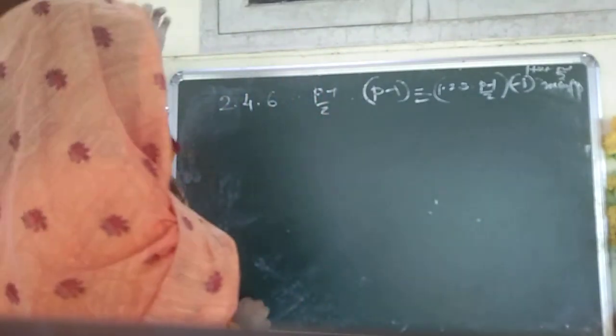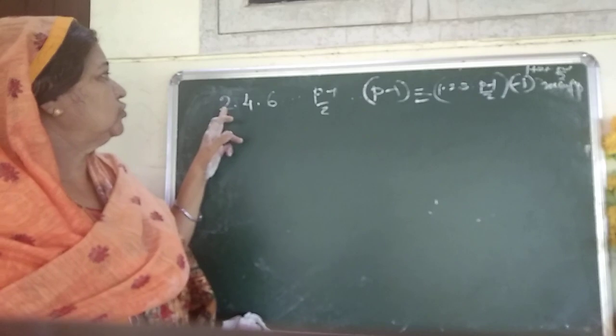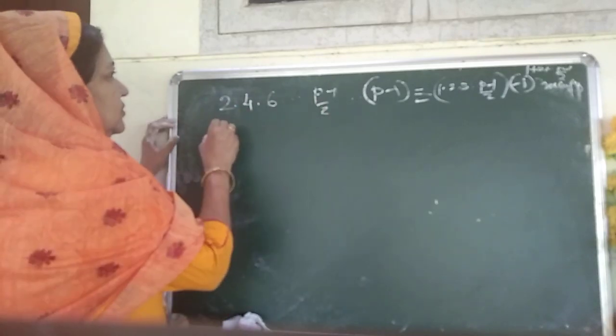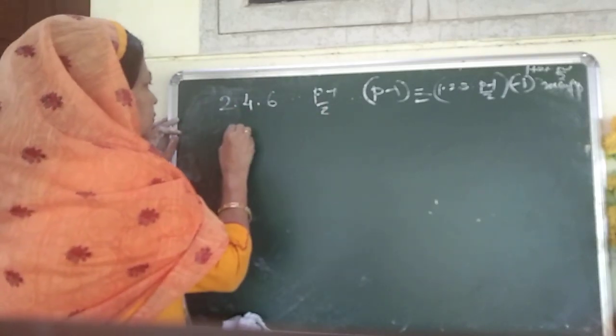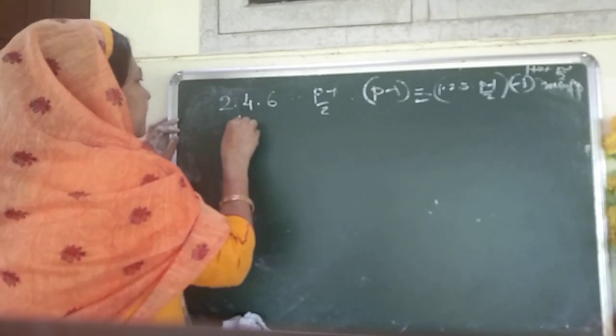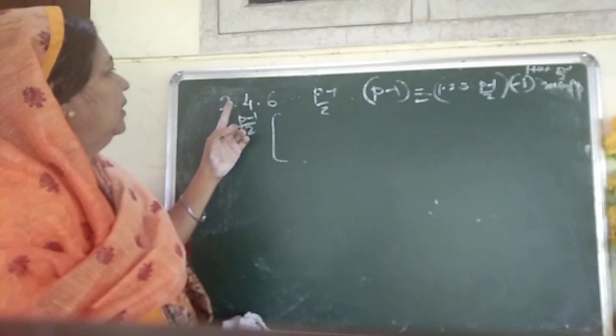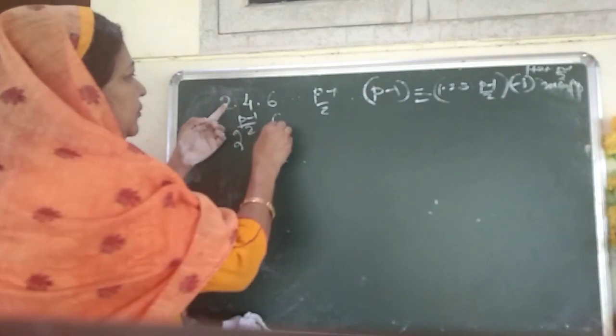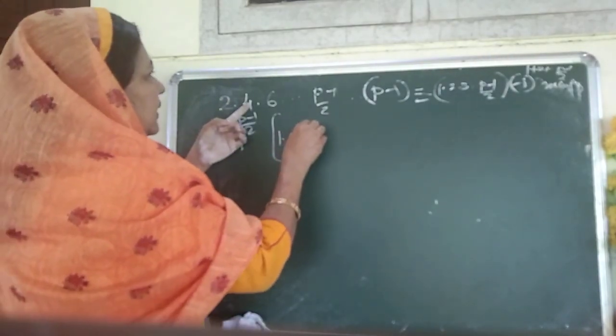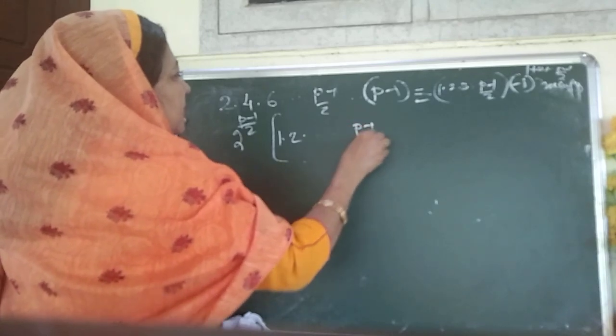So here we can take 2 out from each term. That means 2 raised to p minus 1 by 2 into 1 into 2 into etc. into p minus 1 by 2.